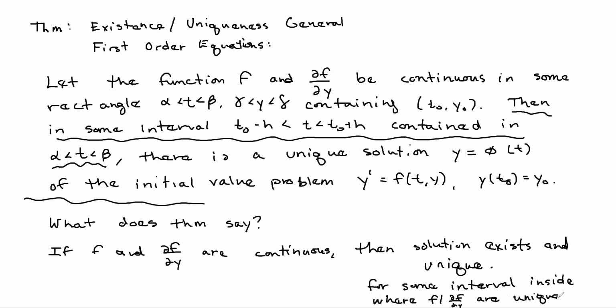That's kind of the Cliff Notes version: if we've got continuity, then we've got a solution existing and being unique, but it's only for some region inside of where it's defined to be continuous.